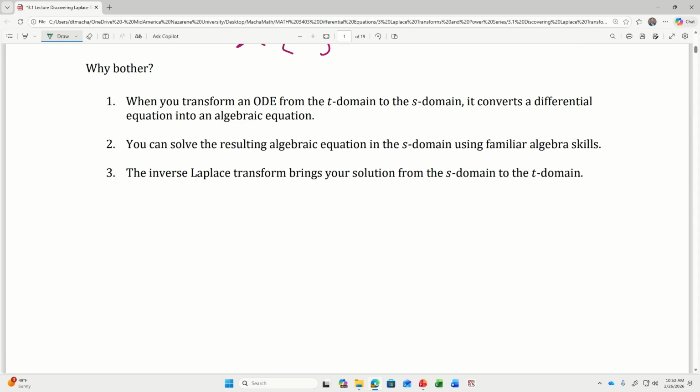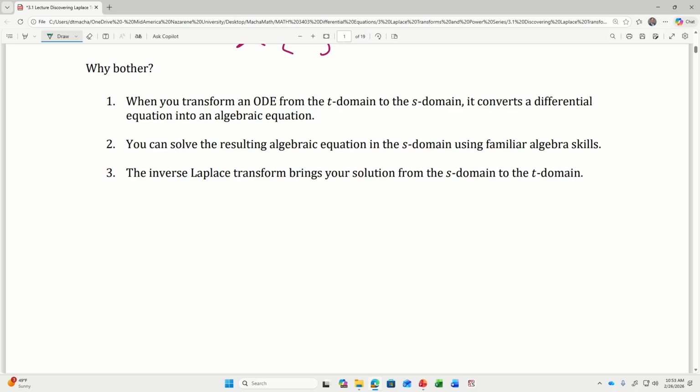So the question is, why bother taking Laplace transforms? If you do the Laplace transform of an entire ODE, and you convert it from the t domain or the time domain to the s domain, it's going to convert your differential equation into just a plain old algebraic equation with no derivatives. So you can solve an algebraic equation.